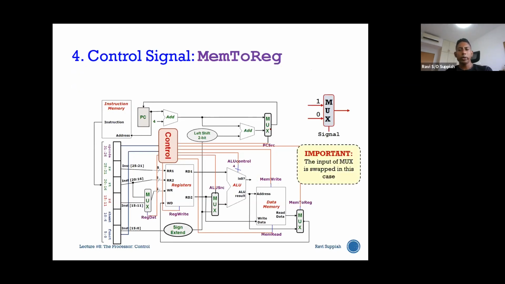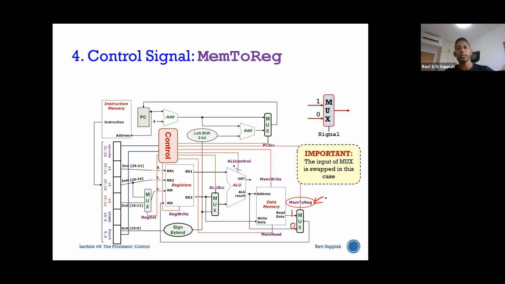Okay, so the only multiplexer where the numbering is in reverse order or swapped is the last multiplexer here, which is the mem to register. So for this multiplexer, we have a 1 on top and a 0 below. It is just to be aligned with the naming of the register of this multiplexer.